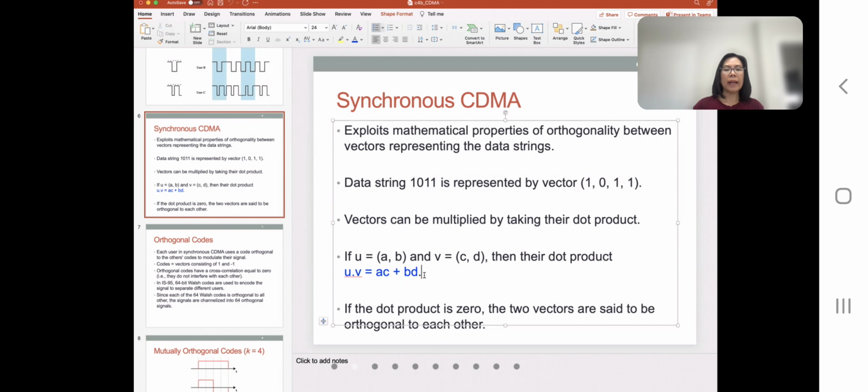Now, if we take the dot product of two vectors and the result is 0, then we say that the two vectors are orthogonal to each other.